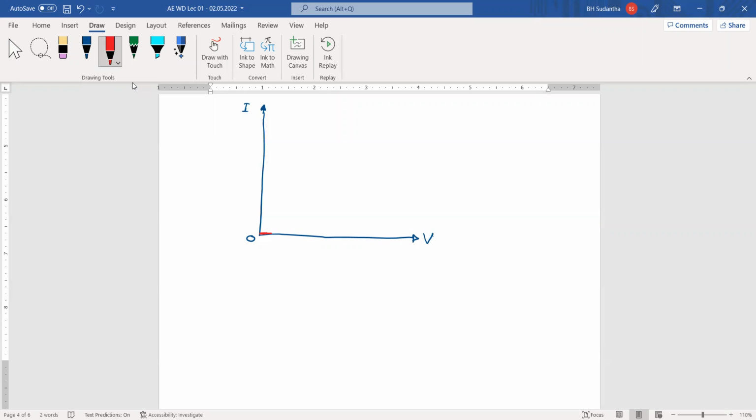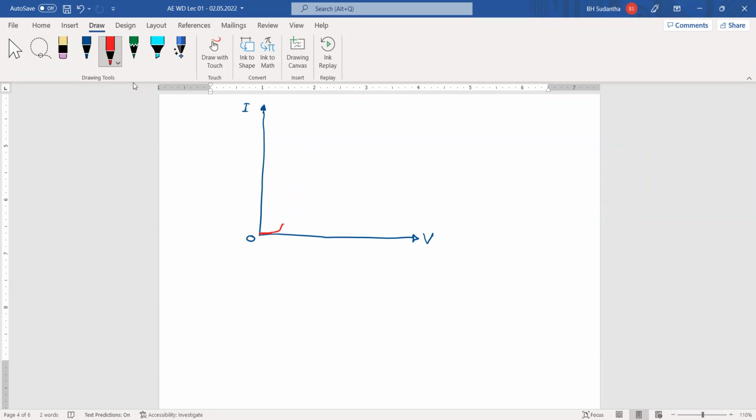Still, the external current is 0. But after applying a certain voltage, now you can see the current starts. We can see the current. Then we apply a certain voltage again, and as a result, the current rapidly increases.